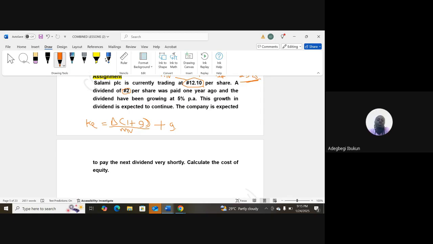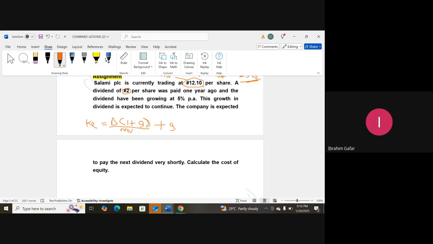Because the dividend was paid a year ago, and the dividend has been growing. The company is expected to pay the next dividend very shortly. The dividend that was paid 1 year ago is 2 naira.